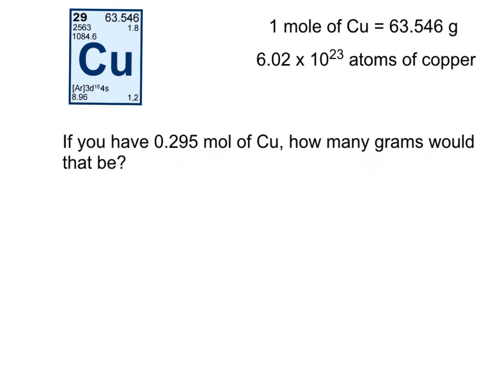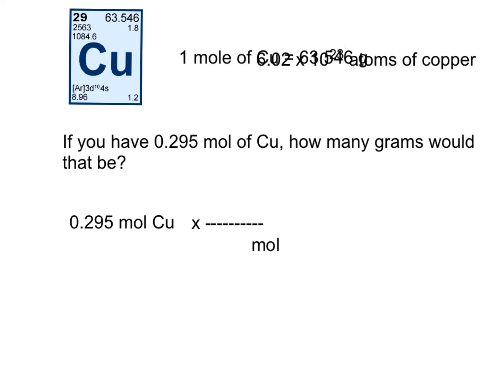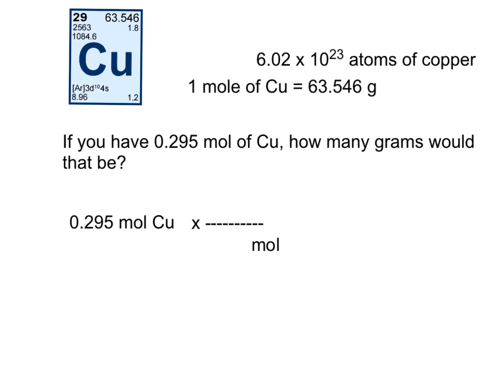Well, we would set this up using dimensional analysis. Starting with our 0.295 moles of copper, make an X and draw a line, and bring the units that are currently in the numerator, which is moles, down into the denominator. And we need to use our conversion factor now.